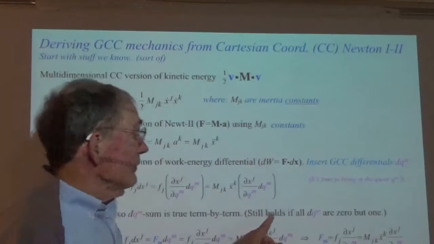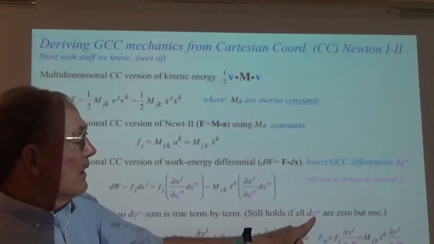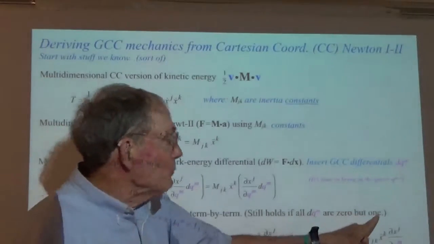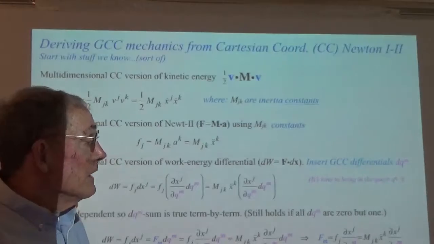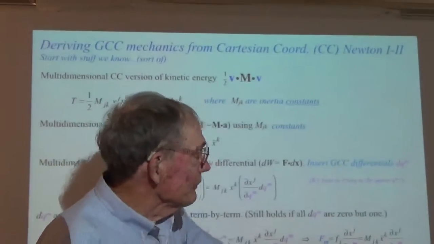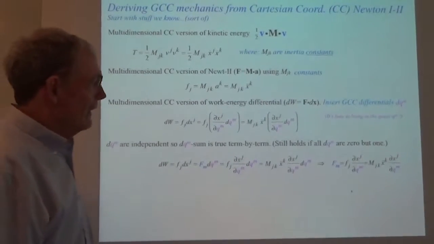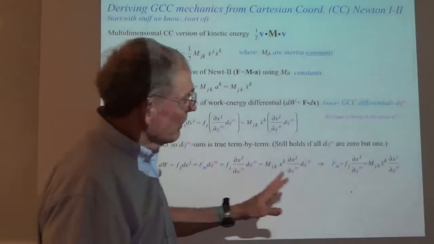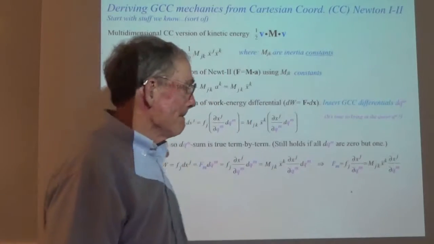What I mean is it still holds if all of the dq's that you have set up for this particular experiment are 0 but 1, and that 1 we're just going to make a delta q equal to 1 and forget about it. So that's the first real trick of the Lagrangian development right there, is to assume these things are independent, and therefore I can write an equation involving each one of them in turn.